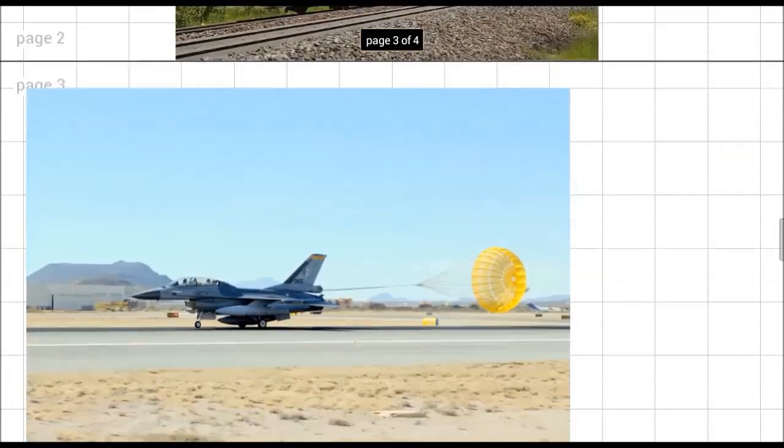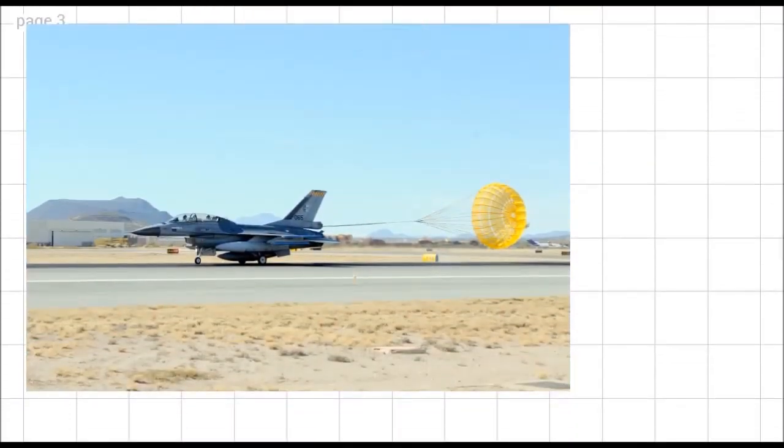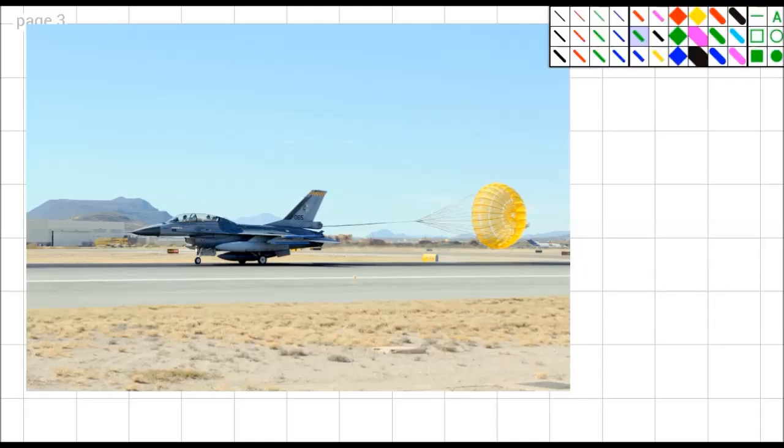If we look into positive use of form drag, then we have here the drag chute of an F-16, which helps to slow down the aircraft after landing. So all we do here is we increase the frontal area, having a rather unfavorable form of the object.